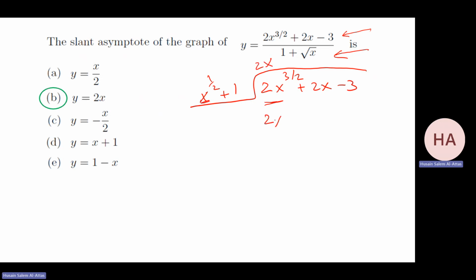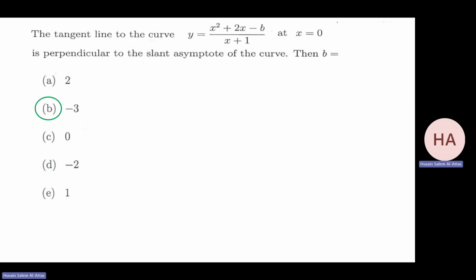Multiply, I have 2x to the power 3 over 2 plus 2x. Now we change the sign and we're getting minus 3. I will stop now because this is degree 0 and this is degree half, so it's less than. So what is the slant asymptote? y equals x. That will be my slant asymptote.